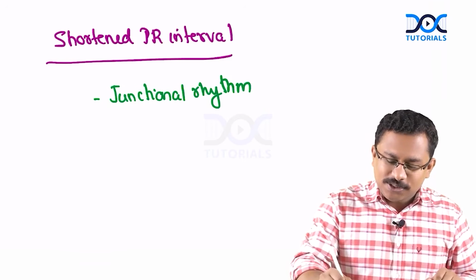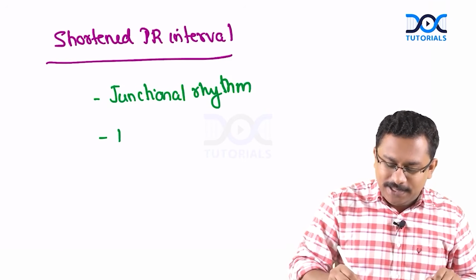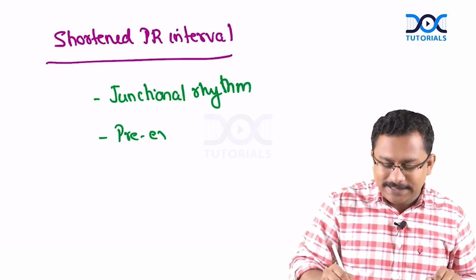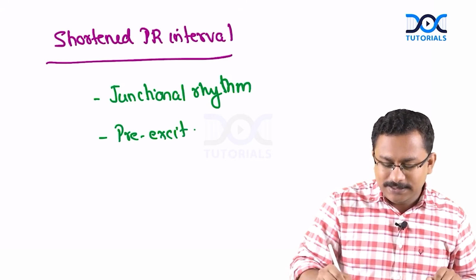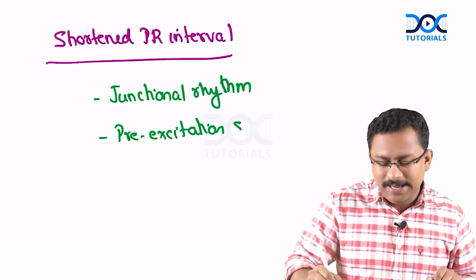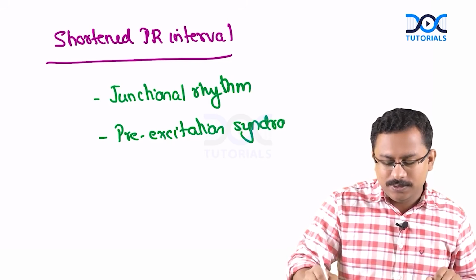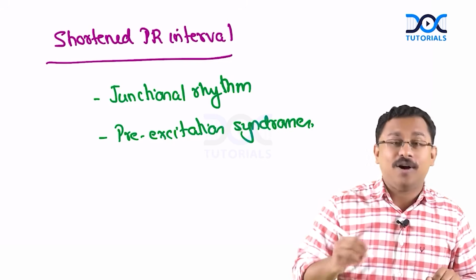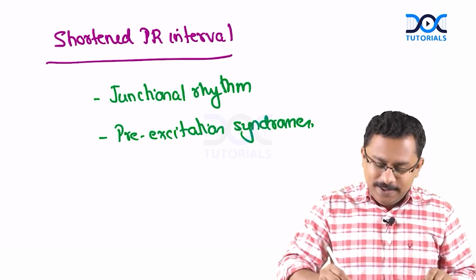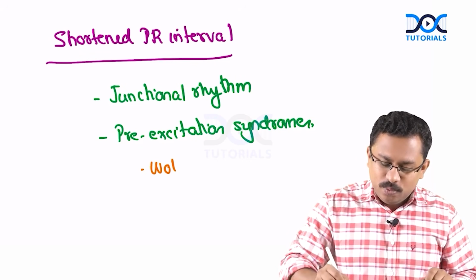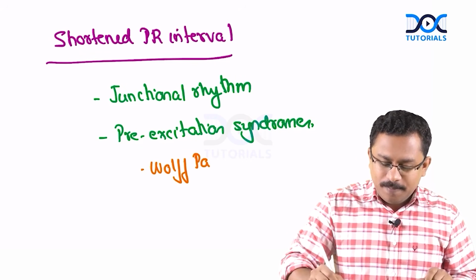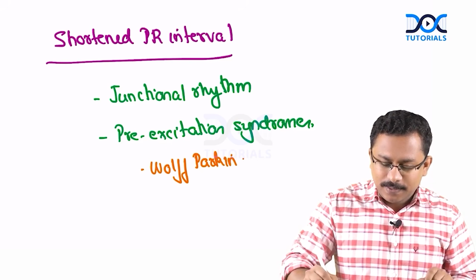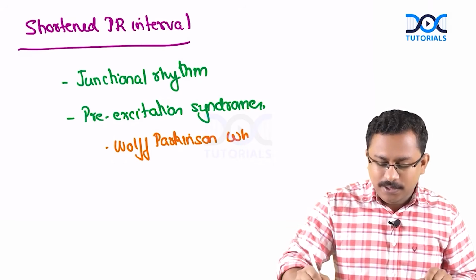The next cause of the shortened PR interval is pre-excitation syndromes. In the pre-excitation syndromes, you have got to think of 2 syndromes mainly. One is the Wolff-Parkinson-White syndrome.